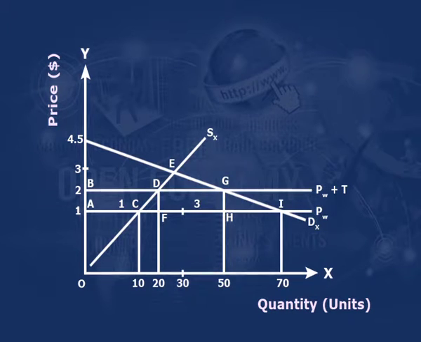It means that $15 is redistributed from consumer to producers in the form of increased producer surplus. The remaining $15, that is 2 plus 4, depicts the protection cost or deadweight loss to the economy due to an import tariff.